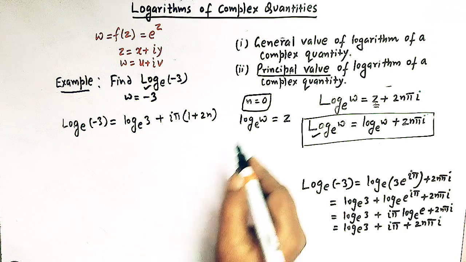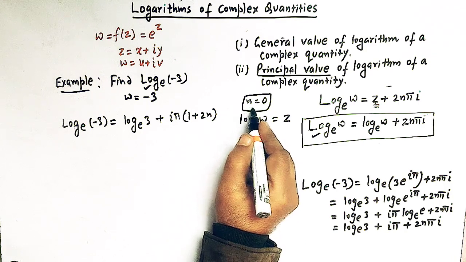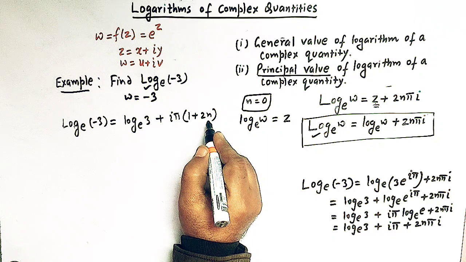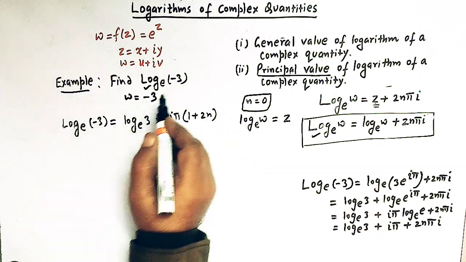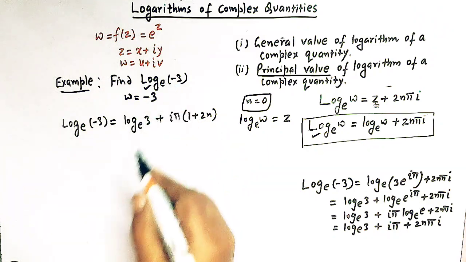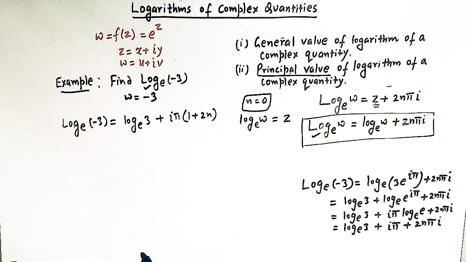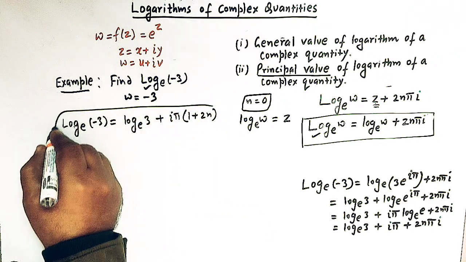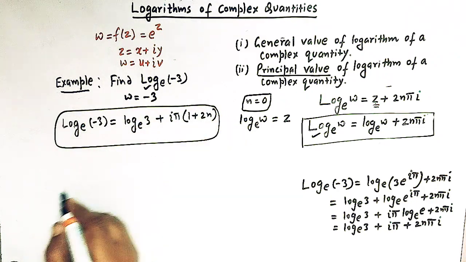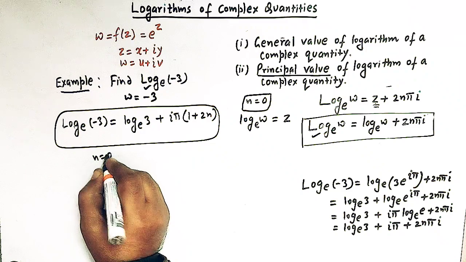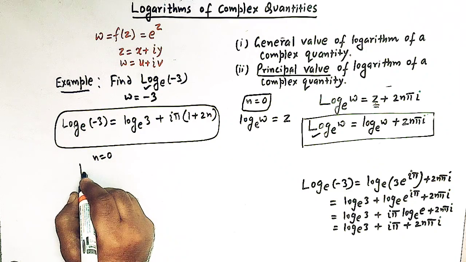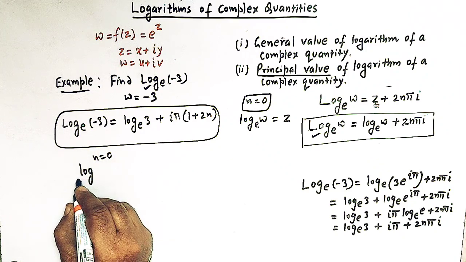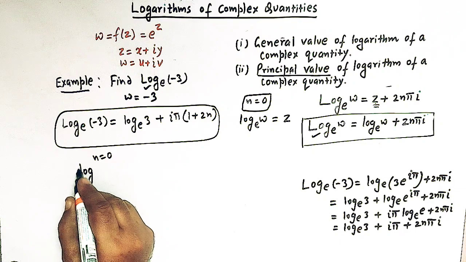And remember, we have just said that for n equal to 0, the logarithm of minus 3 is known as the principal value. So this denotes the general value, and for n equal to 0, we have the principal value, which is denoted by the small l.